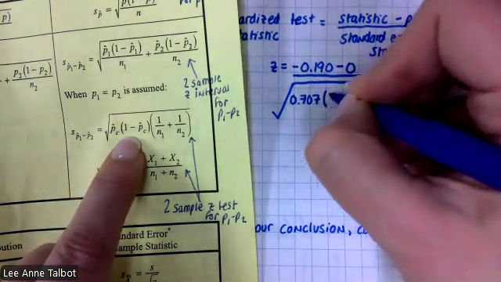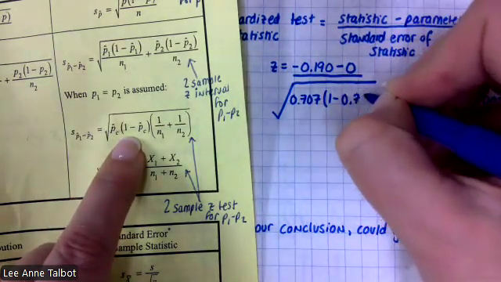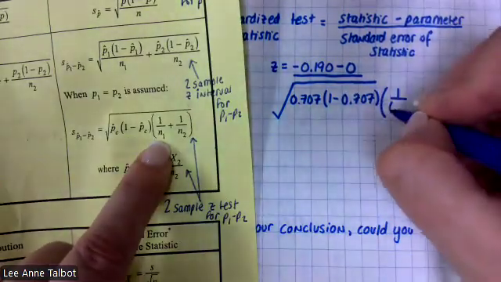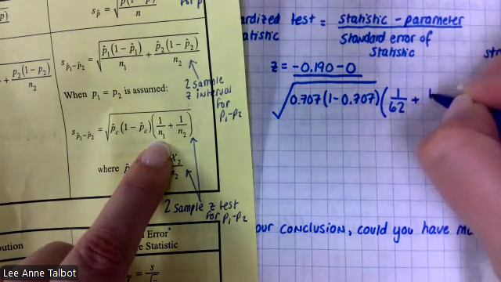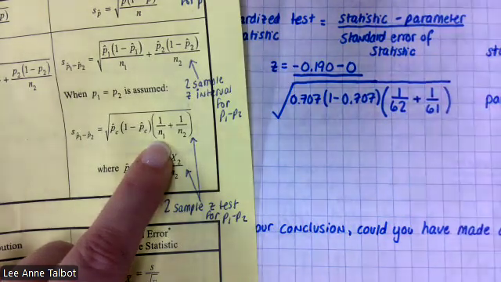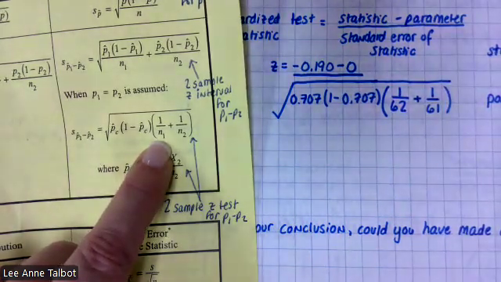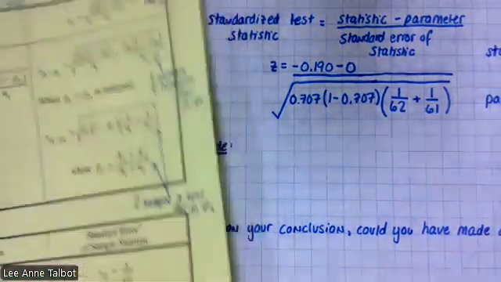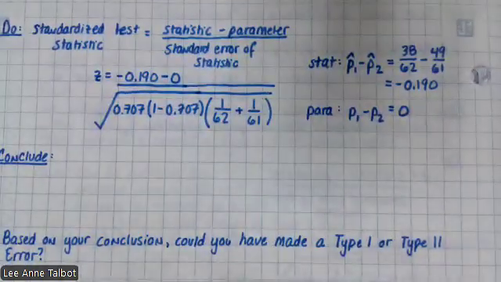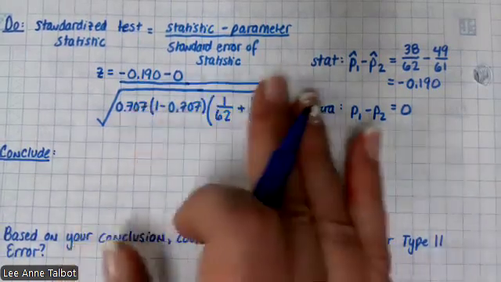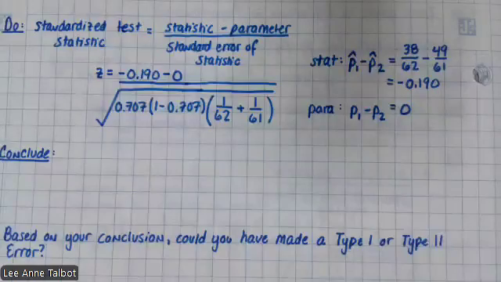Okay, times 1 minus P hat C times 1 over N1 plus 1 over N2. Really, this is just the same thing as the previous ones, just that these two are the same, so they factored them out in the front. It's not a big deal.